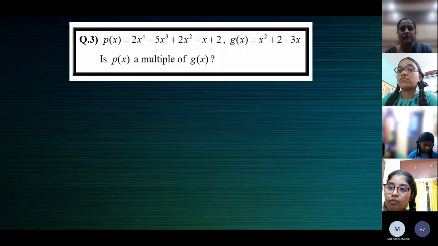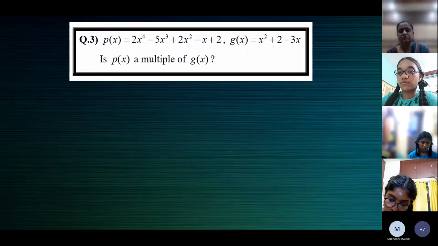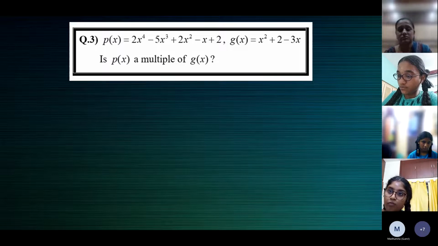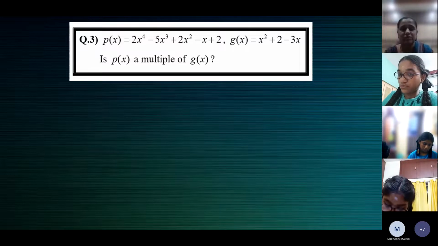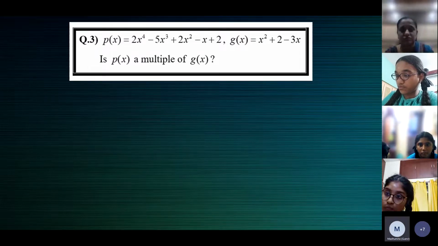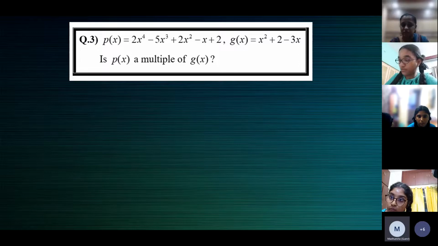So how do we work this? P of x, g of x. Is P of x a multiple of g of x? What are we supposed to do? Ma'am, we should split the middle term of g of x and find both the factors, ma'am.